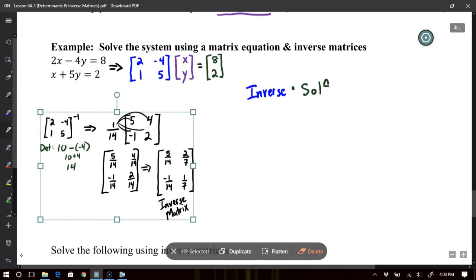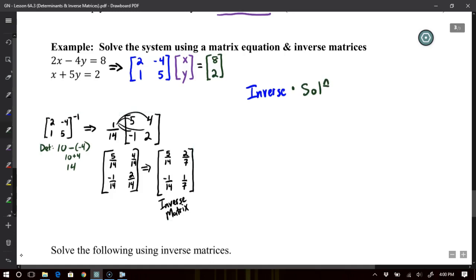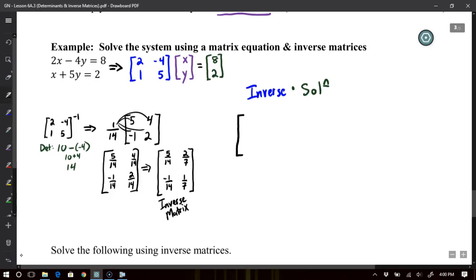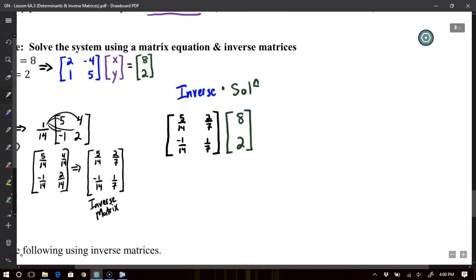And it has to be left multiplication, just like we did with transformations. So I'm going to take the 5/14, the 2/7, the negative 1/14, and the 1/7, and I'm going to multiply that by the 8, 2 matrix. So let's perform the multiplication. We do rows times columns.